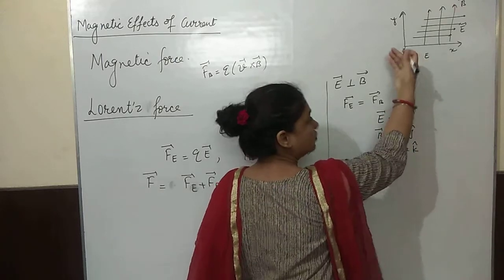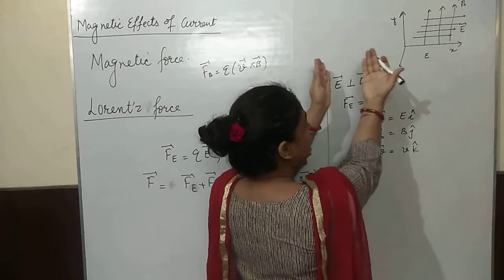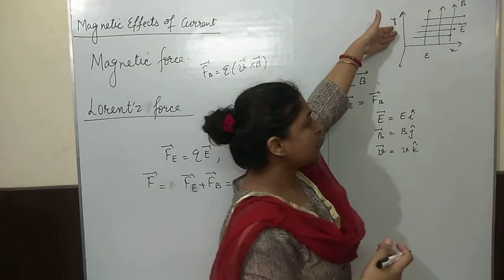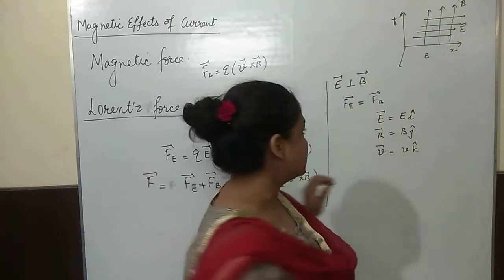We know the z-axis is out of the plane, so the particle is coming in the outward direction, going to enter the fields along the z-axis.